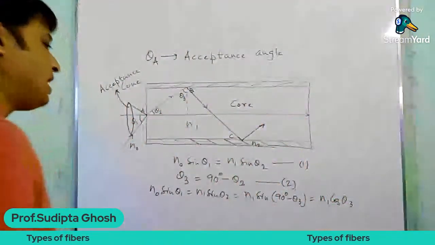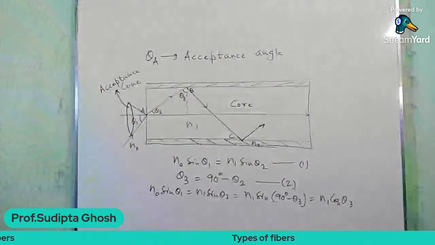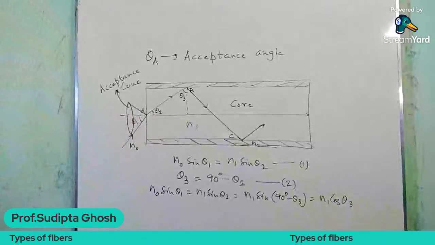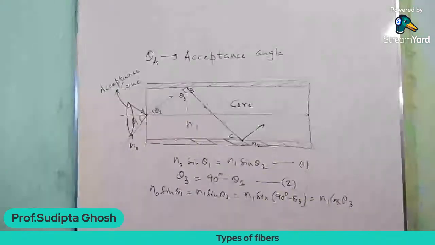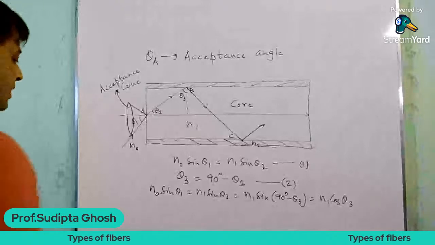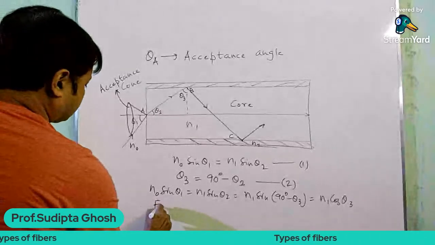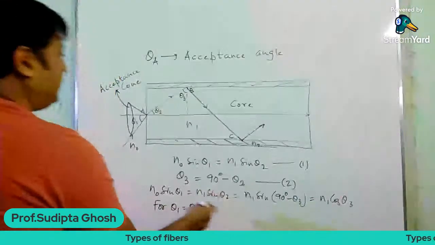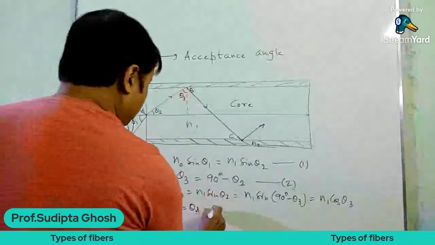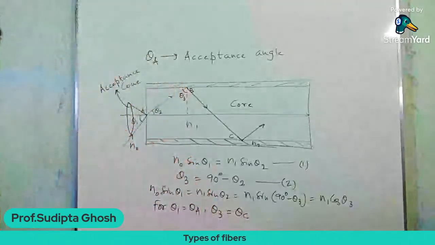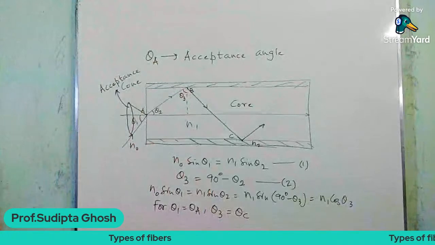Now, as I have discussed, for theta 1, that is the angle of incidence, equal to theta A, what will be the value of theta 3? Theta 3 is nothing but the critical angle theta C.